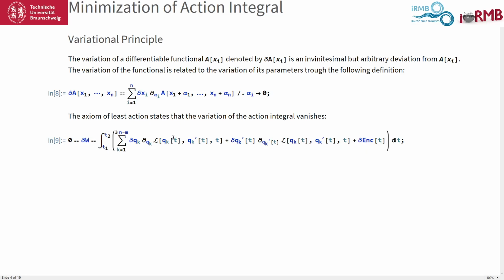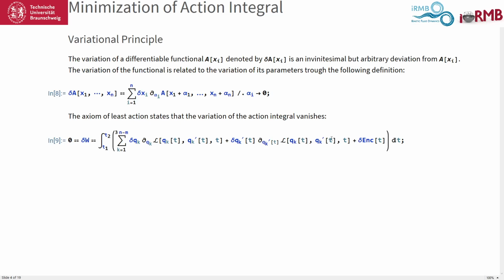And now because the Lagrangian is a function of the position, the velocity, and the time, we have to take the chain rule. So we vary the position and take the derivative of the Lagrangian with respect to the positions, and we vary the velocities and take the derivative with respect to the velocities.